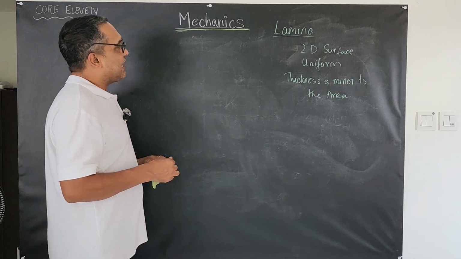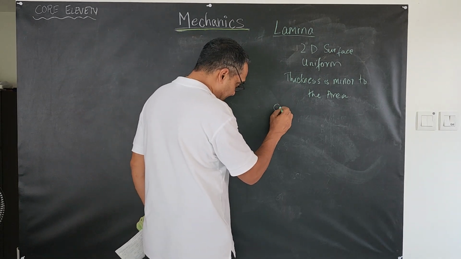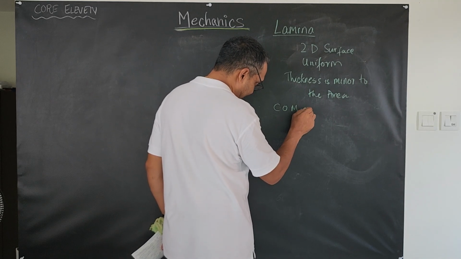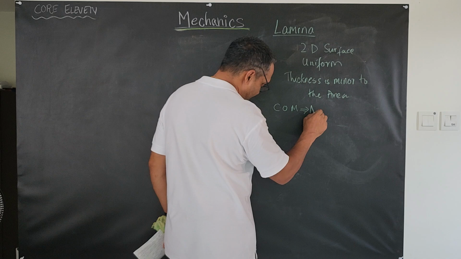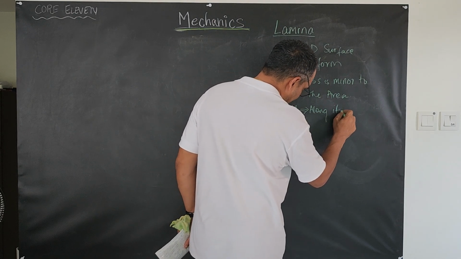Okay, some facts about the lamina. All right, let's see. Its center of mass is typically along its line of symmetry.